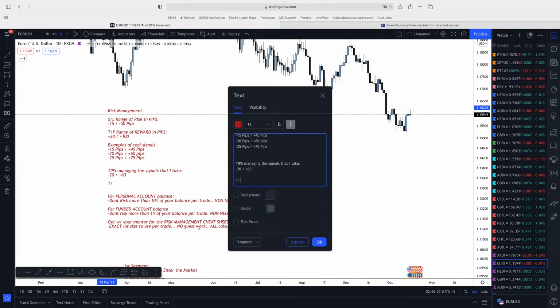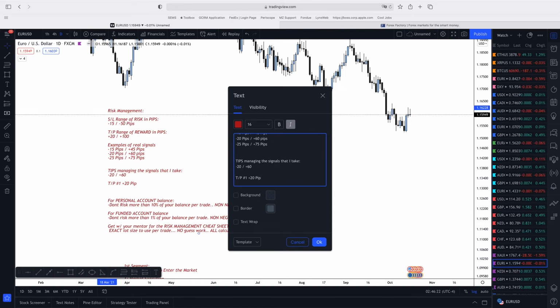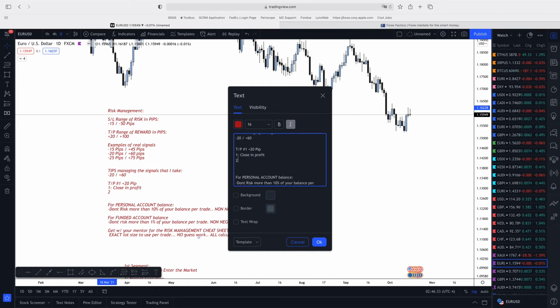Our take profit number one is going to be at, let's say, the 20 pip mark. So if you're risking 20 and catching 60, when you hit positive 20 pips, you will always have two different options. Number one, you can close in profit. Or, in order to protect your trade, option number two is you move, or in this case adjust, your stop loss to break even.